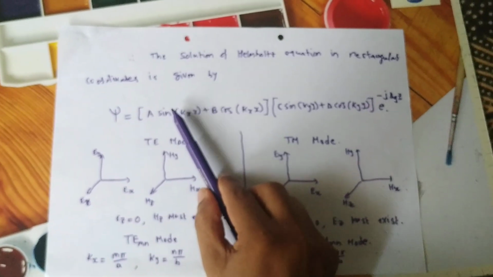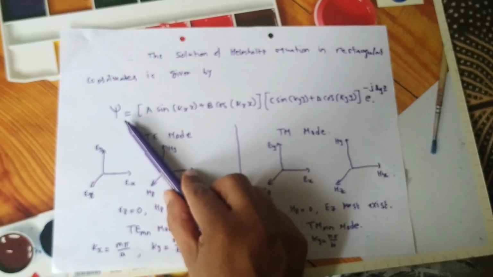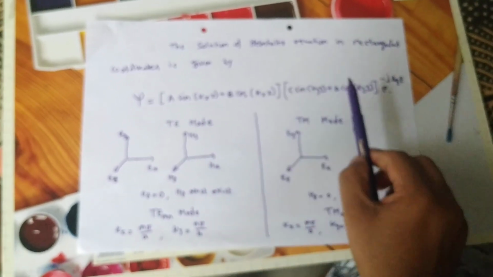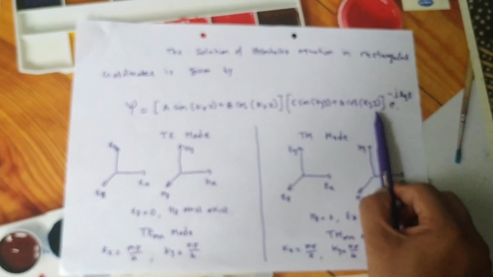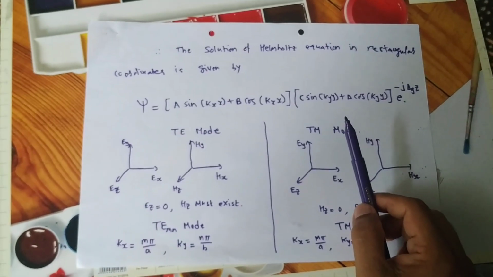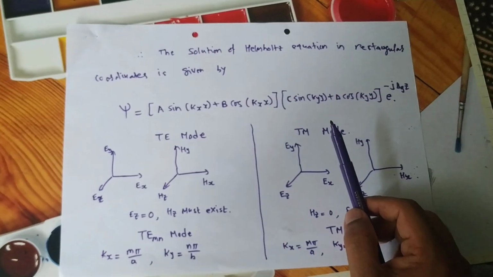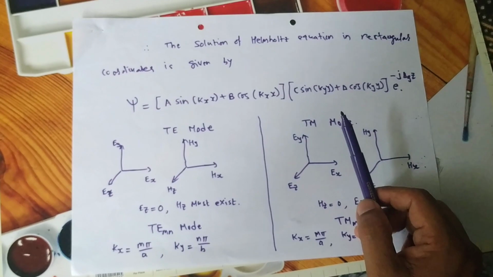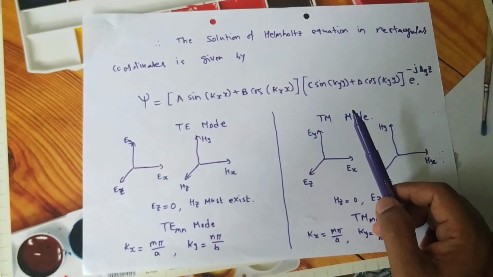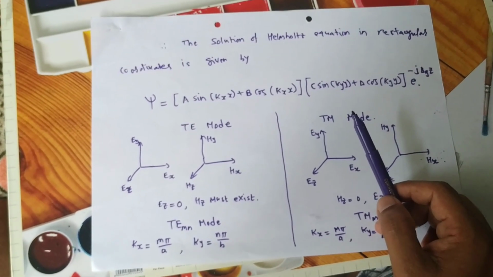So this clearly indicates that the solution of the E and H field in the waveguide is completely based on the space variables x and y. How we choose kx and ky, the cutoff numbers of the x and y coordinates, will give us the solution of the E and H field in the waveguide.